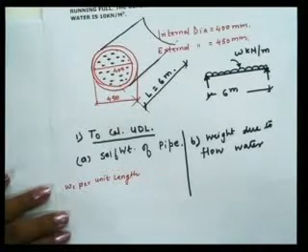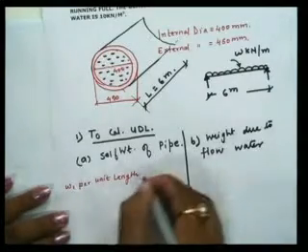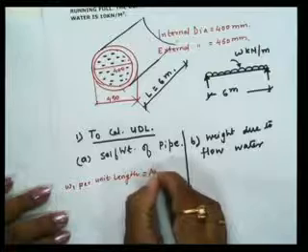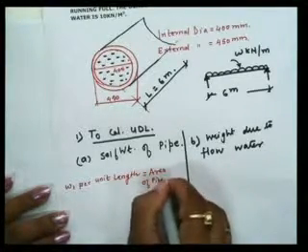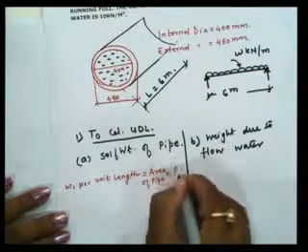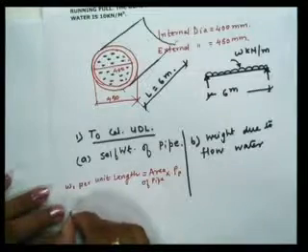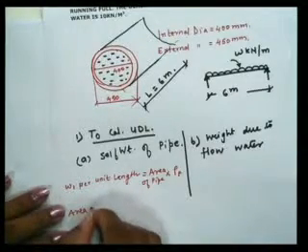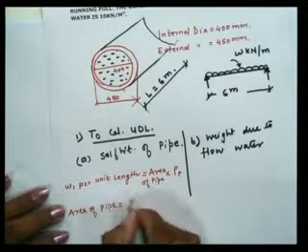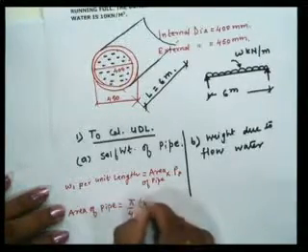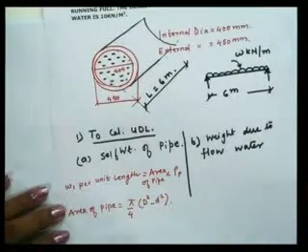Okay, so W1 per unit length, so L will be 1 meter we are considering, so that is nothing but area of pipe multiplied by density of pipe. Okay, now what is area of pipe? So area of pipe will be equal to pi by 4 into external diameter square minus internal diameter square.